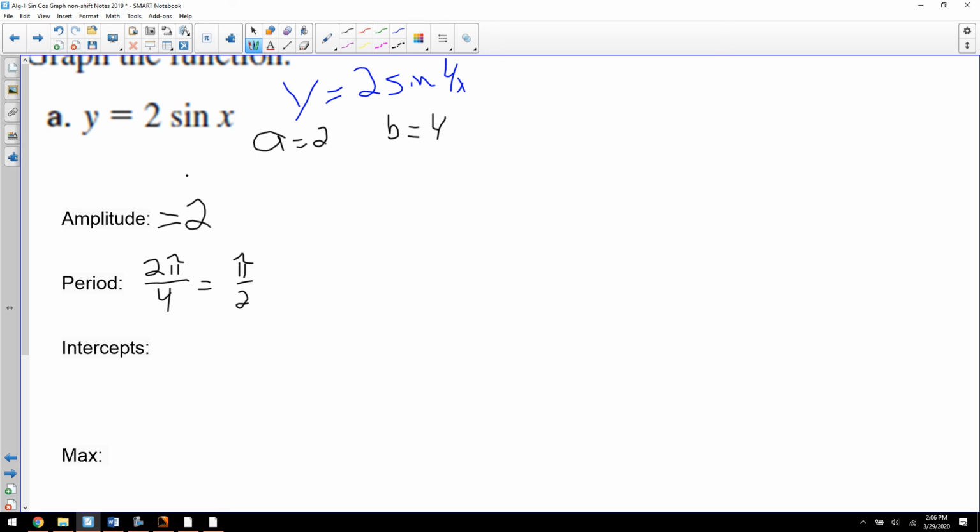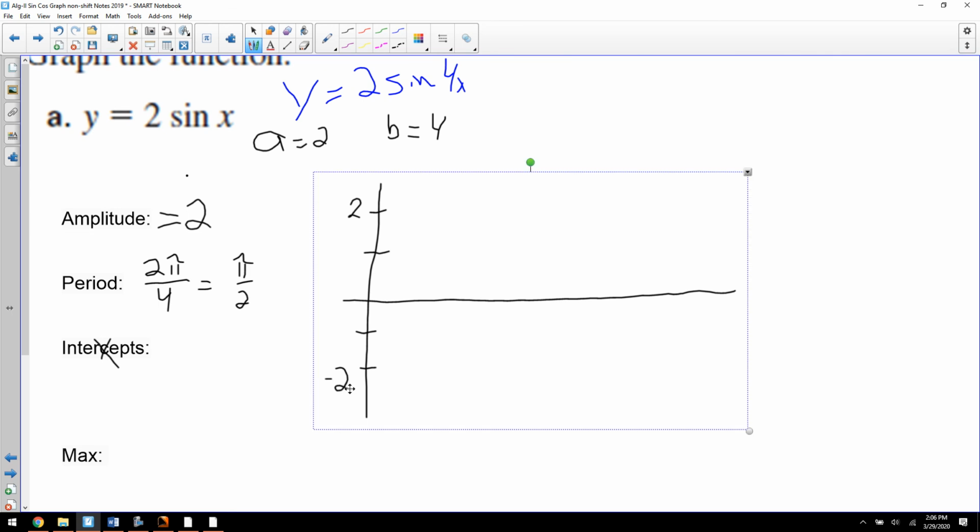Intercepts we'll worry about later. The max and min stuff will come across as well. So here's what we do. We know that it has to go up to 2, which means it has to go down to negative 2. We know that it starts at 0 and it ends at pi over 2.